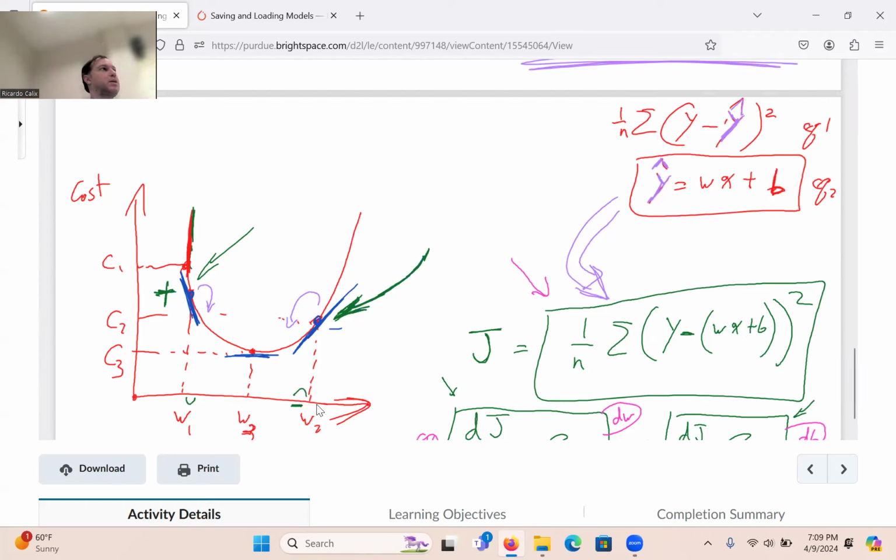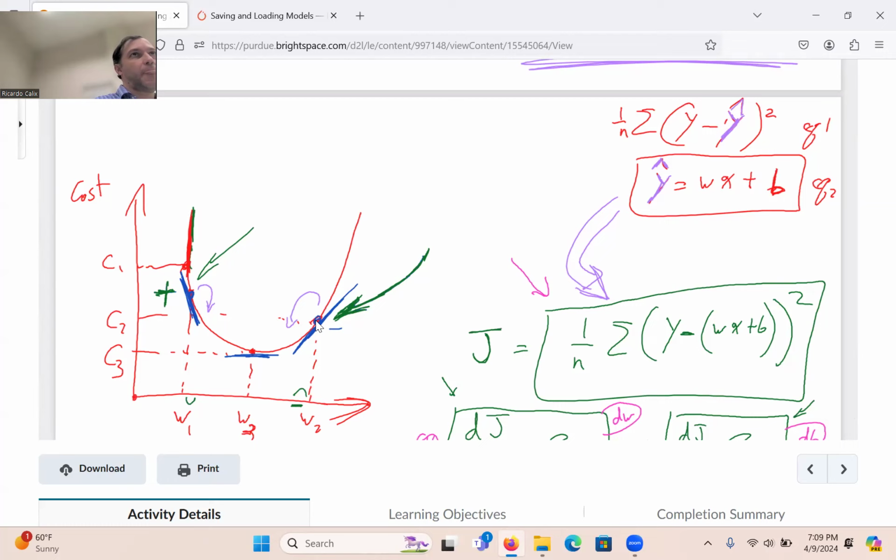When you plug that value here, it goes into the function and produces a number. You compare it, take the difference with the real number, square it, and it gives you this dot over here. This dot basically means cost C2. So for W2, I was able to capture cost C2, and I fall right there.